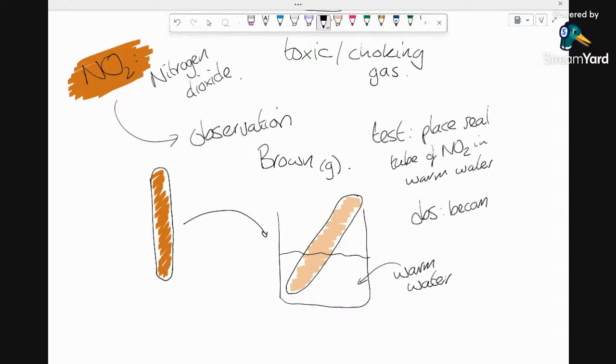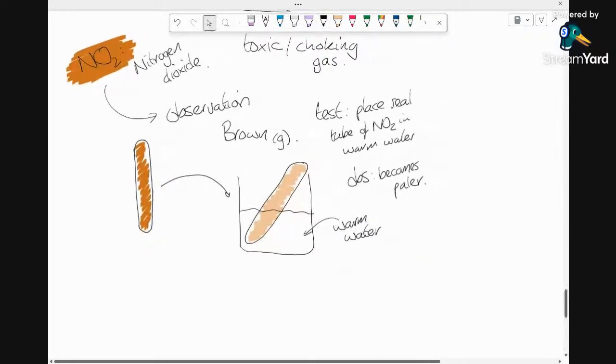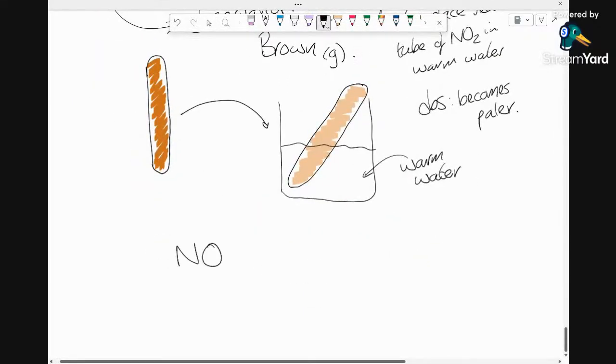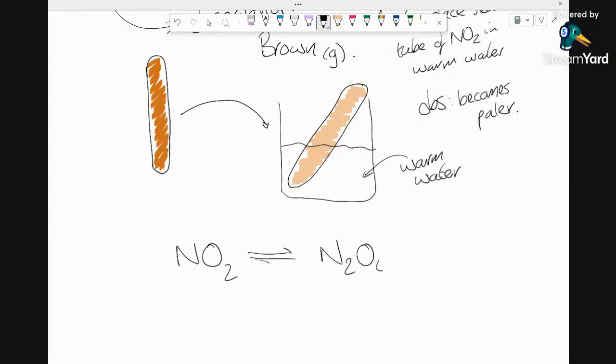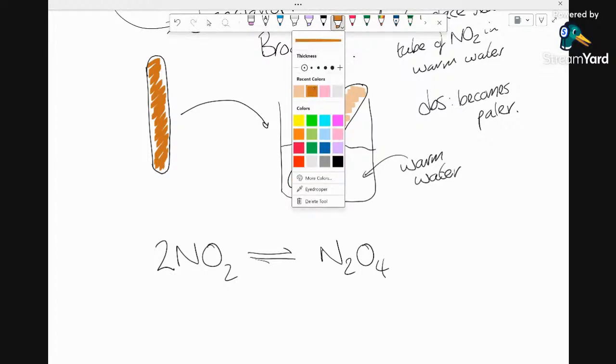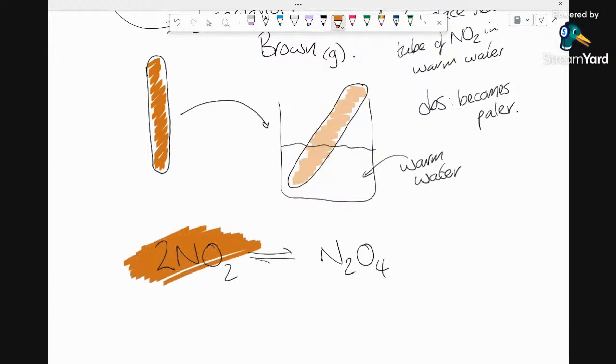The equation: NO2 is in equilibrium with itself to form N2O4. NO2 is a brown gas, whereas N2O4 is colorless. And the forward direction, making bonds, is exothermic.